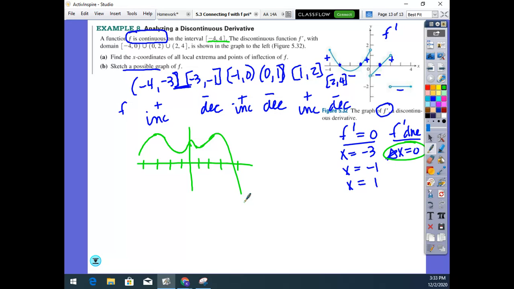Okay. All right. So we've got a local max, local min, local max, local min. Local max at x equals -3 and x equals 0.